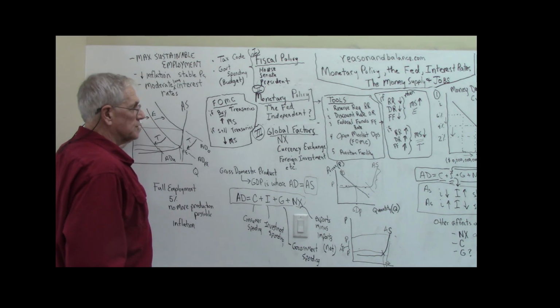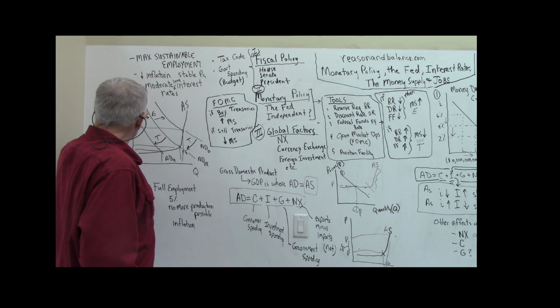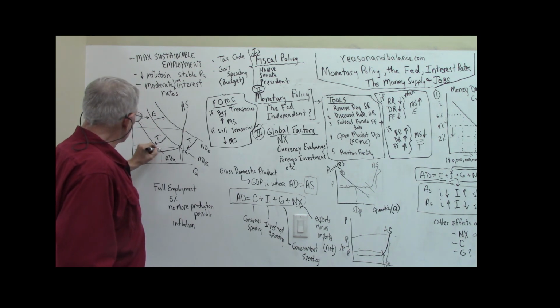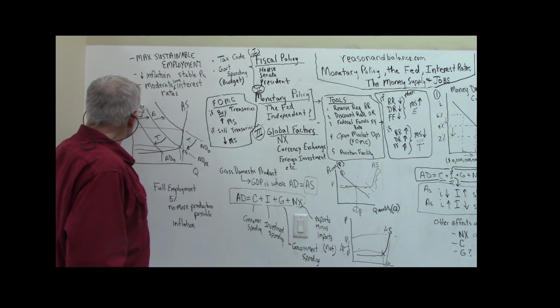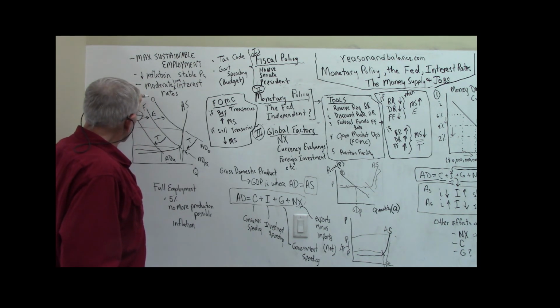Because interest rates have gone down, right? This is AD, the aggregate demand curve for underemployment. This is full employment, which is basically 5%, and this is overemployment.